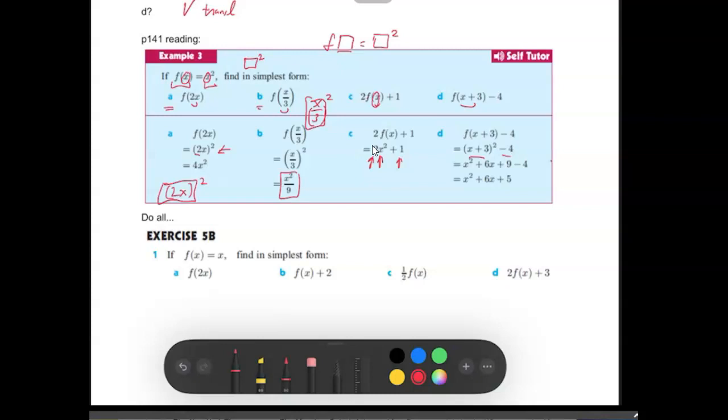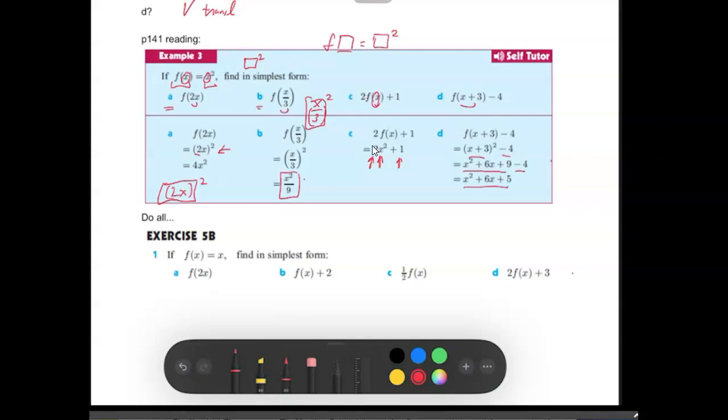So the confusing thing is we're substituting x with x plus 3, and the x here is basically just saying, this is like a blank spot that you're going to substitute into with your contents, which sometimes has an x in it and sometimes it's just a number. Okay, when we simplify this, we just do FOIL, and then we subtract 4, and then we simplify.